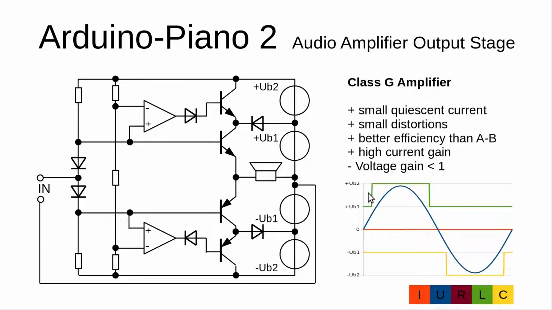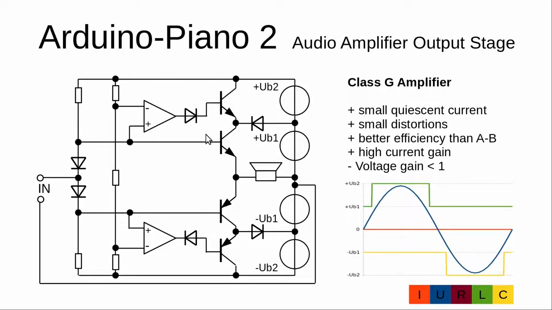This makes the amplifier inefficient, and to improve the efficiency there is a trick: with low signals we use a lower supply voltage, and at high signals we use a higher supply voltage.